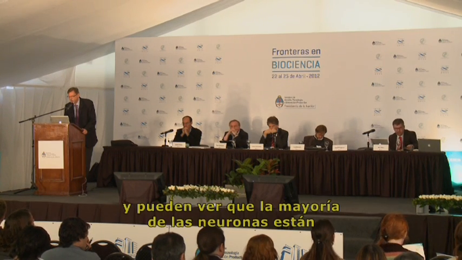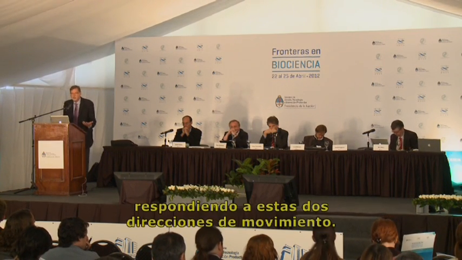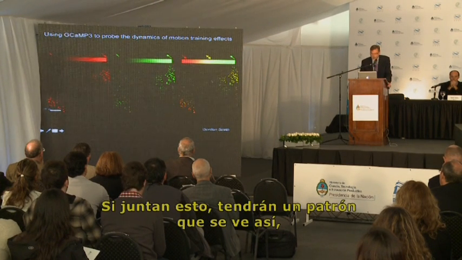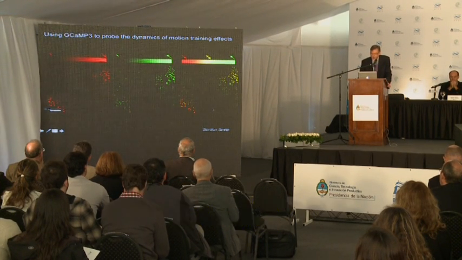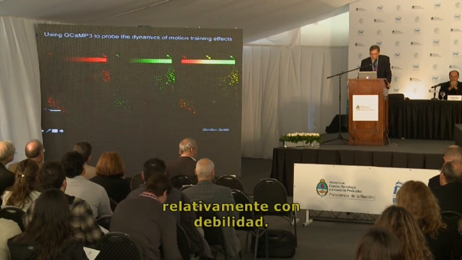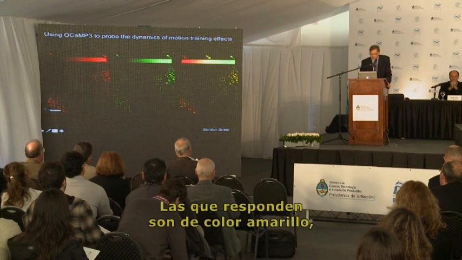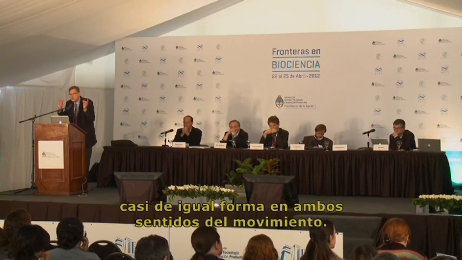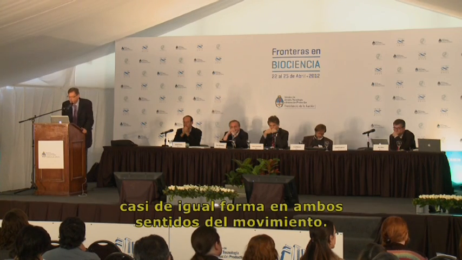And you can see that most of the neurons are responding to these two directions of motion. And if you add these together, you get a pattern that looks like this, where many of the neurons are only responding relatively weakly. Those that respond, lots of them have a yellow color indicating that they respond almost equally well to opposite directions of motion.